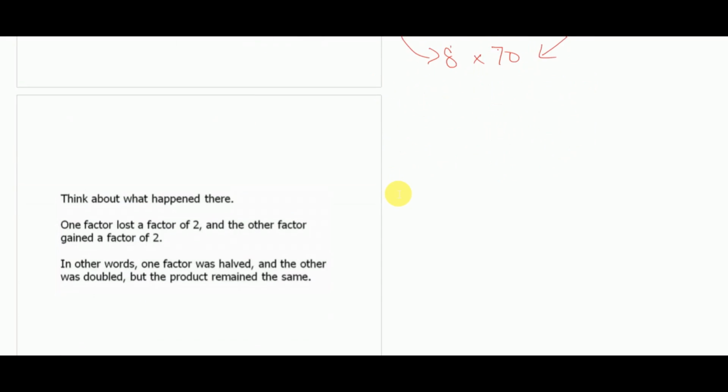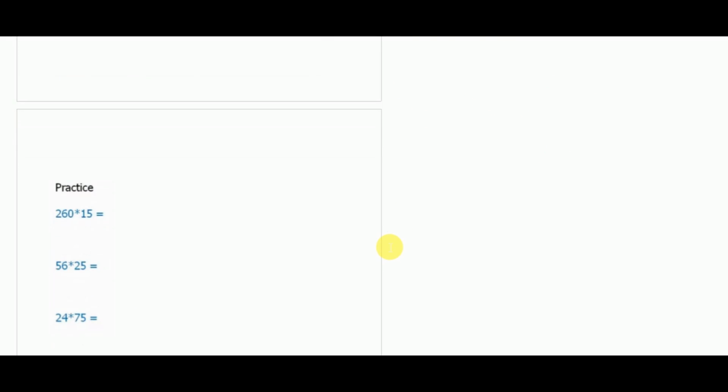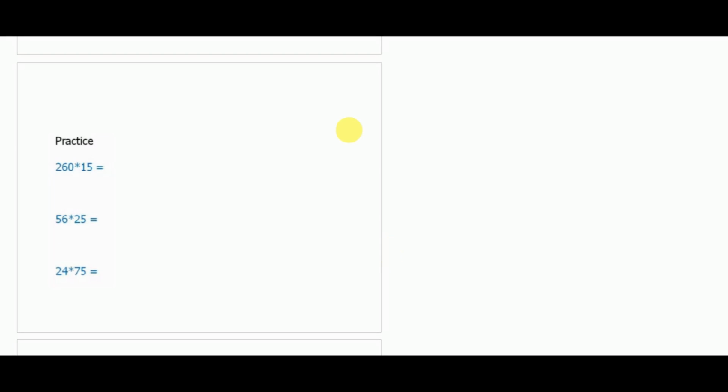All right, let's try some questions. As I said, it's imperative that one of the numbers is even. Why? Because you want to halve the even number. An even number can be divided by 2, however an odd number cannot be evenly divided by 2. So let's halve 260 and double 15.